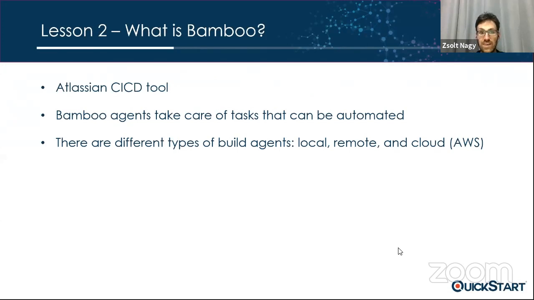Bamboo has agents. These agents are basically the tools that take care of some of the tasks, such as running a script, or automating something else that you would do manually, for example, a Git checkout, or a branch merge, or a deployment to whatever folder of whatever server.